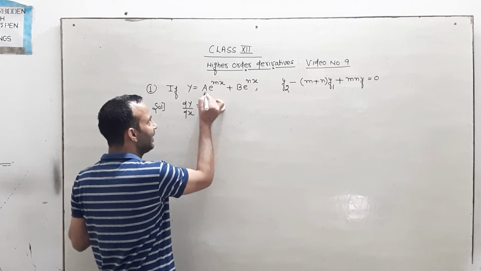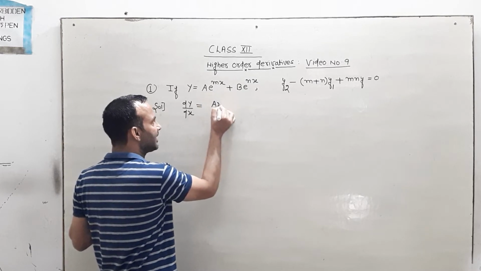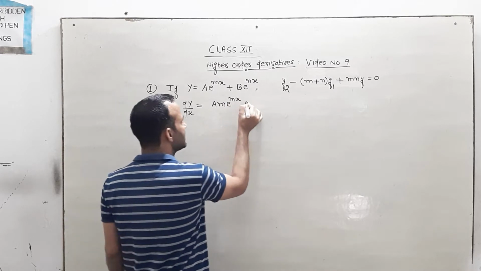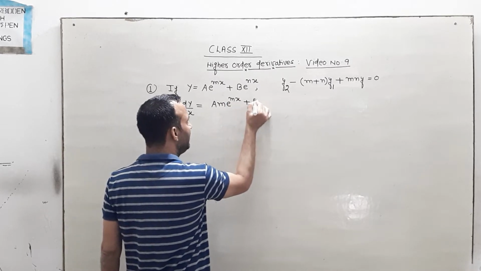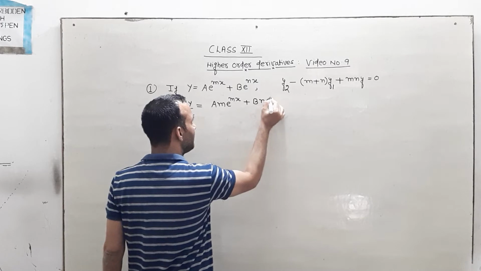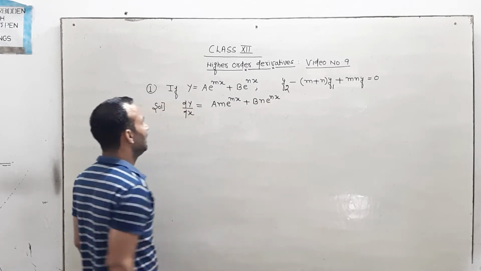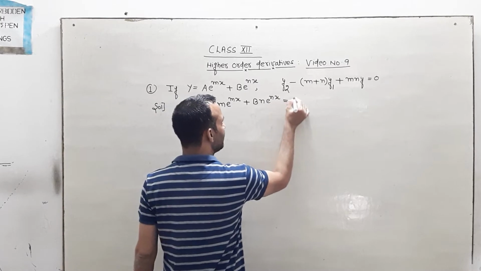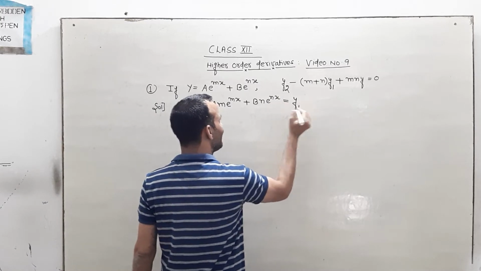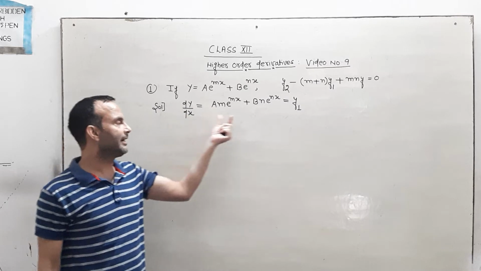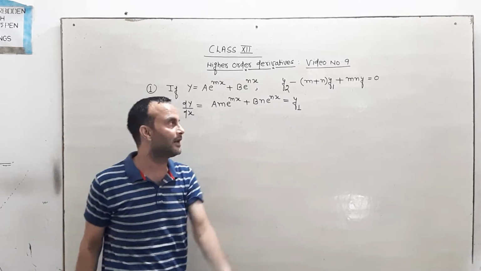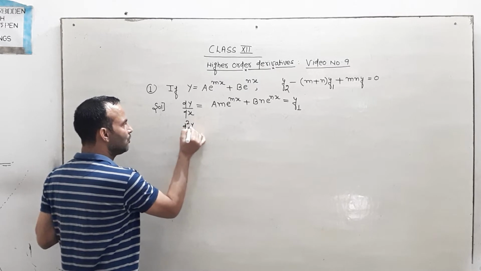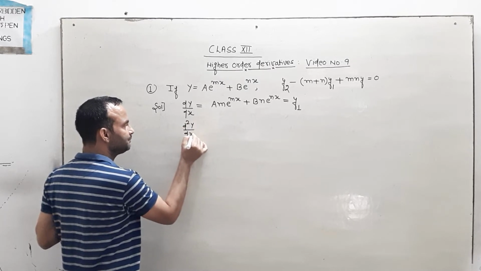So the differential of a e raised to the power mx is a m e raised to the power mx. Similarly here we can write b n e raised to the power nx. This is the value of y1, or you can say dy over dx can also be written as y1, meaning single derivative. Now d square y over dx square.